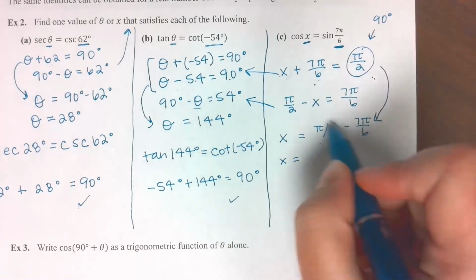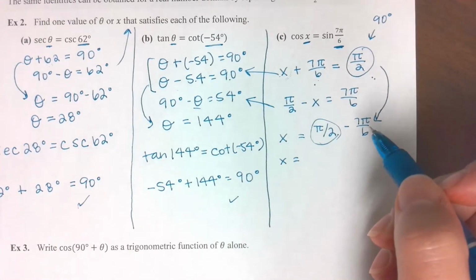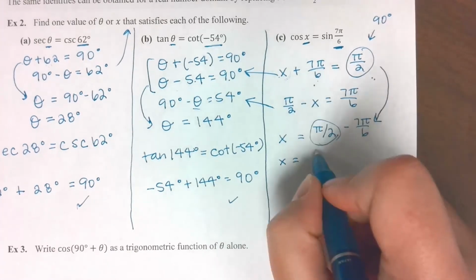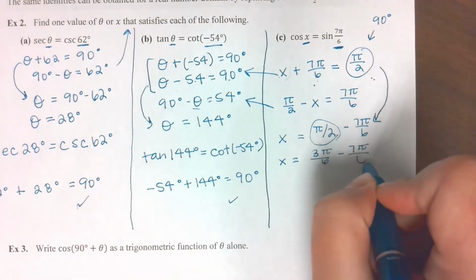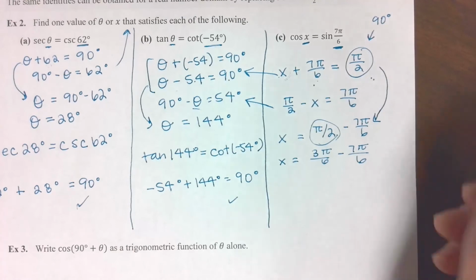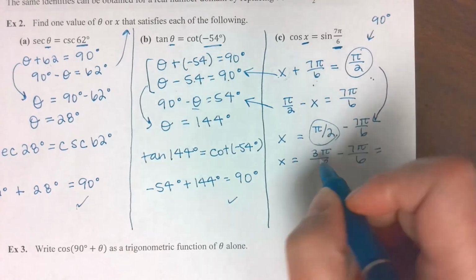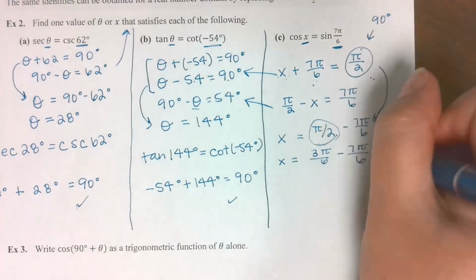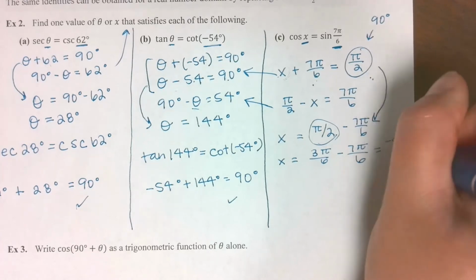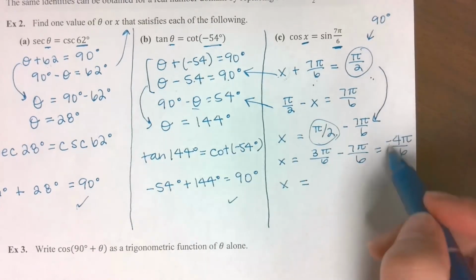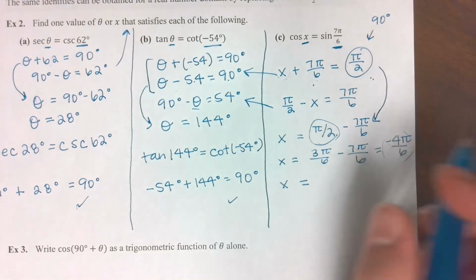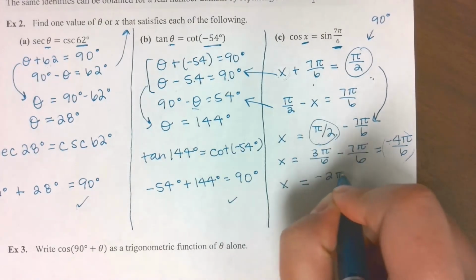Rewriting pi over 2 with the same denominator, that's 3 pi over 6 minus 7 pi over 6. 3 minus 7 gives negative 4 pi over 6, and simplifying, I get negative 2 pi over 3.